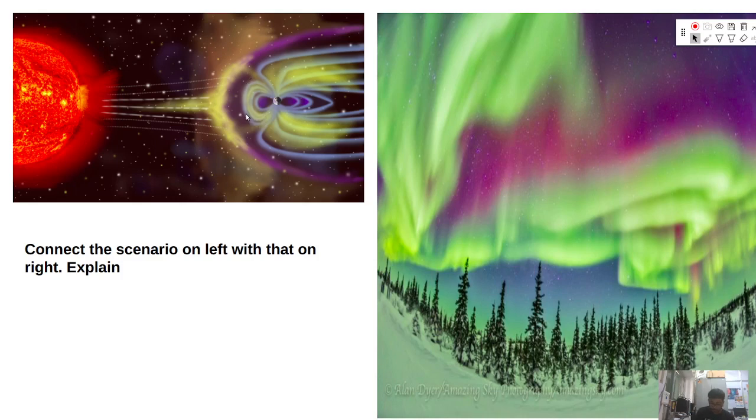At some times, the magnetic field direction in the Earth's magnetosphere is directed northward, that means from the south pole to the north pole. Now if your IMF, which is coming from the Sun, has a magnetic field directed southward, then what can happen?